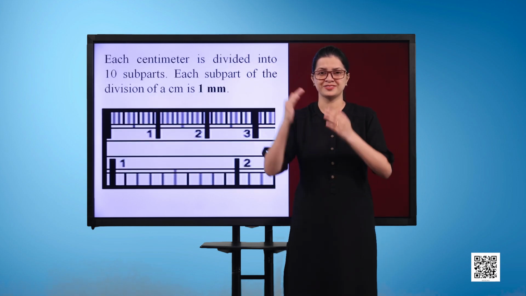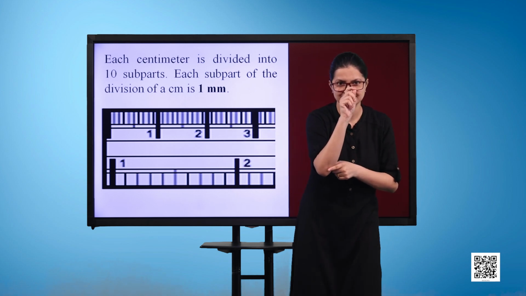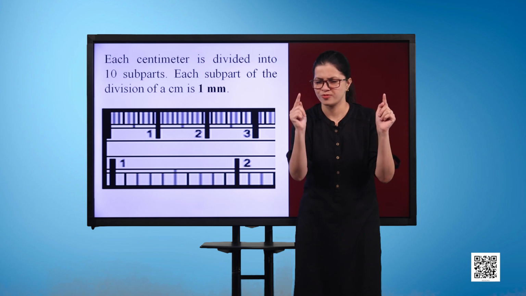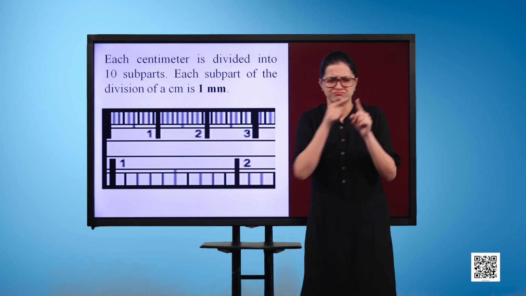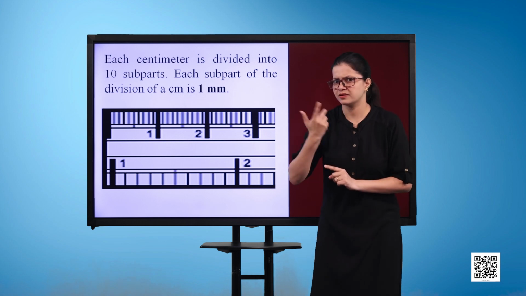Each centimeter is divided into 10 subparts. Each subpart of the division of a centimeter is 1 millimeter.